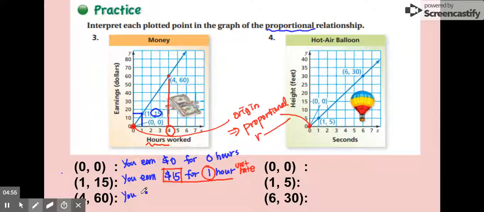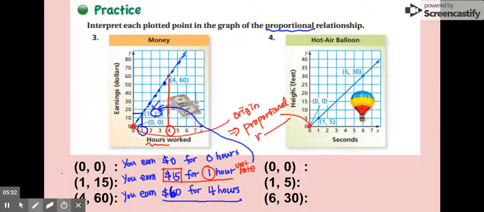So you earn $60 for 4 hours of working. You can also use this to find the unit rate, or you can just find how much is per 1 hour and find the unit rate right away. Or you can use any other point of this line because it's proportionally changing. Everything should give you the same unit rate, okay? All the points will give you the same unit rate.